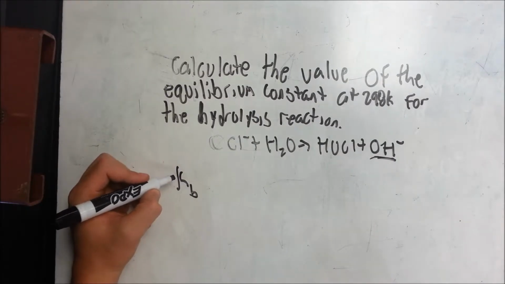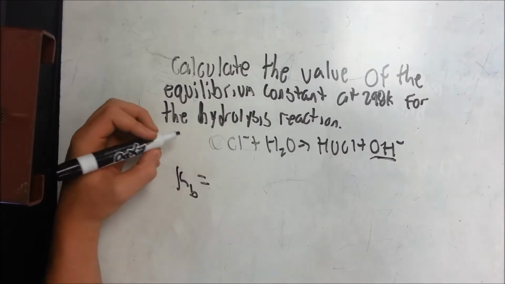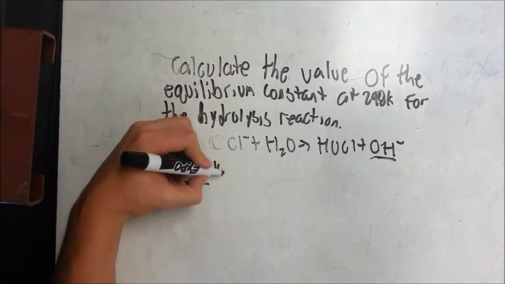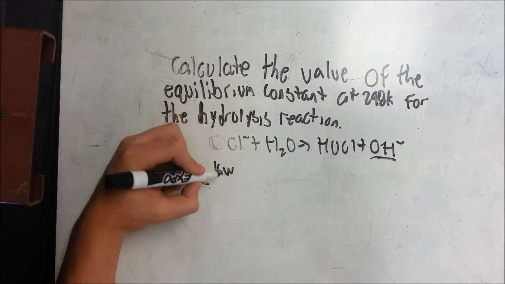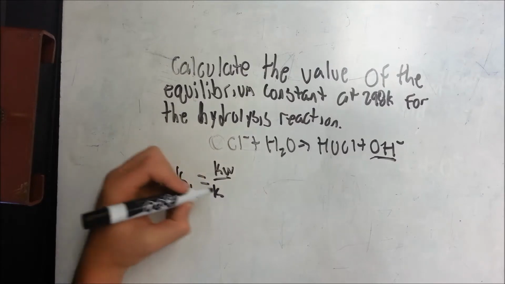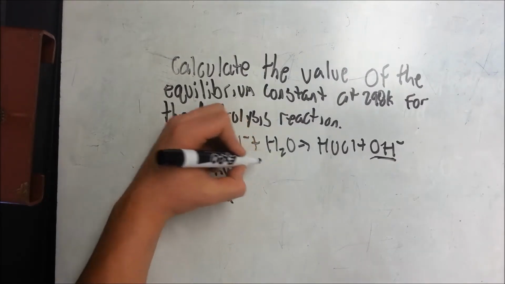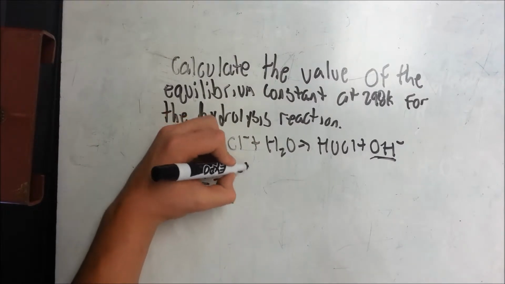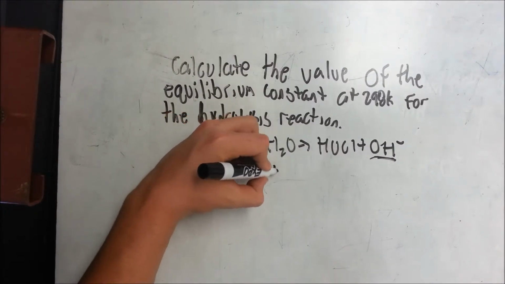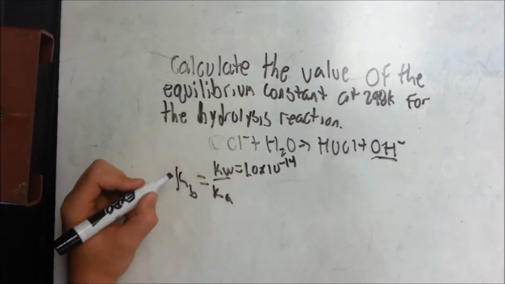And so we can say that Kb is equal to the Kw divided by the Ka. The Kw is a constant, which equals 1.0 times 10 to the negative 14.